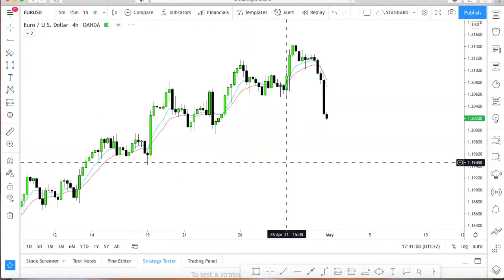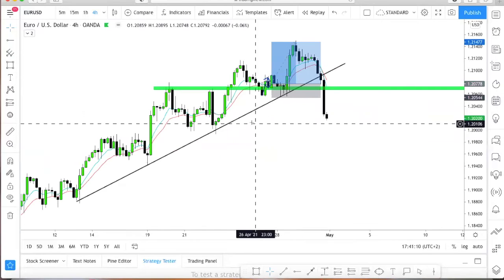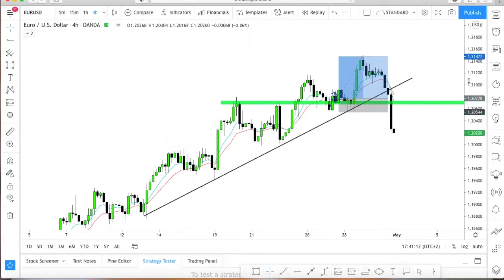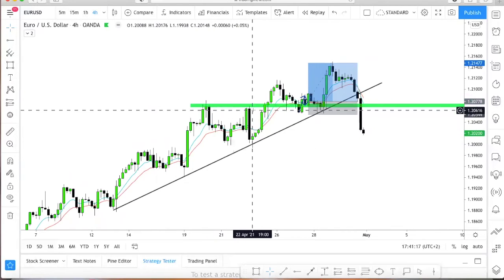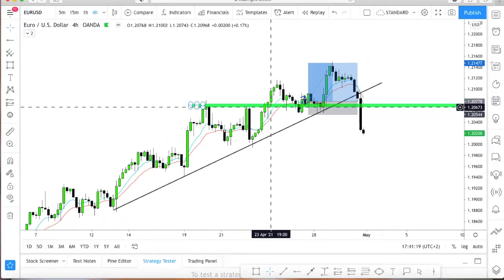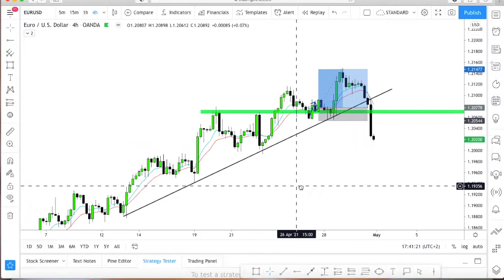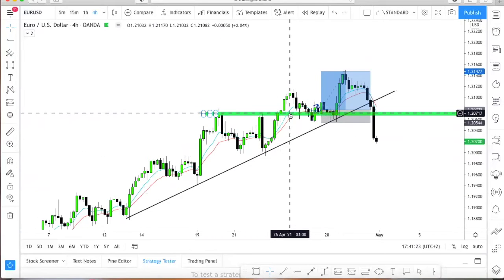All right, and then Euro USD. What we were anticipating was a break of these highs. We were in a very strong bullish trend. We got a break of these highs. We got our retest.